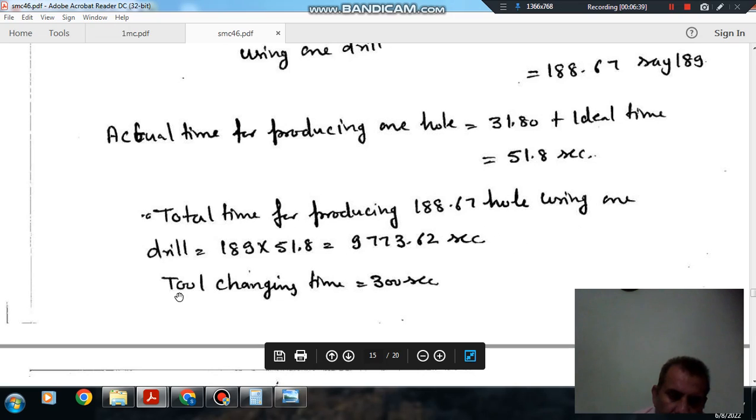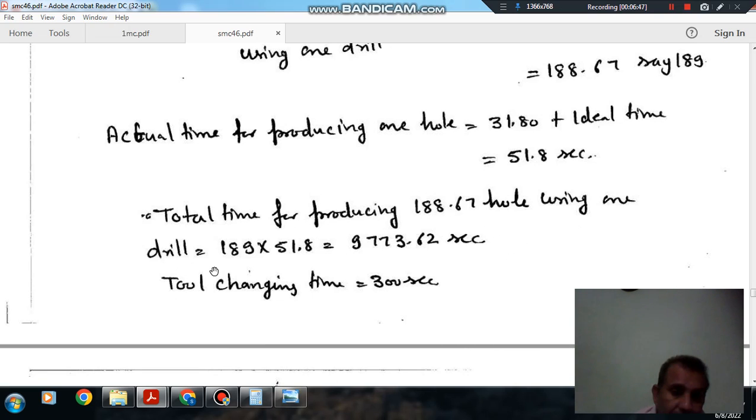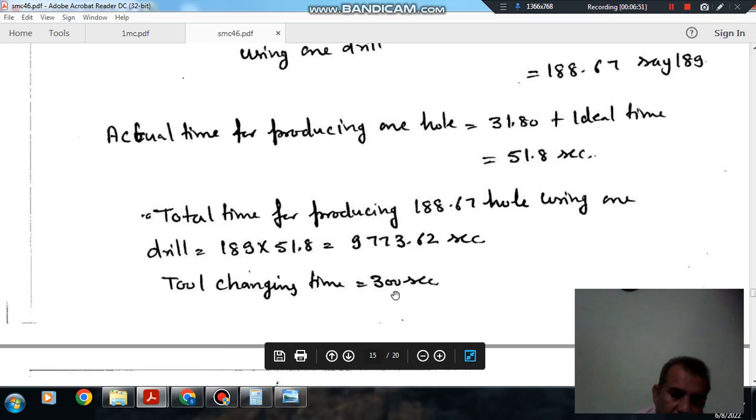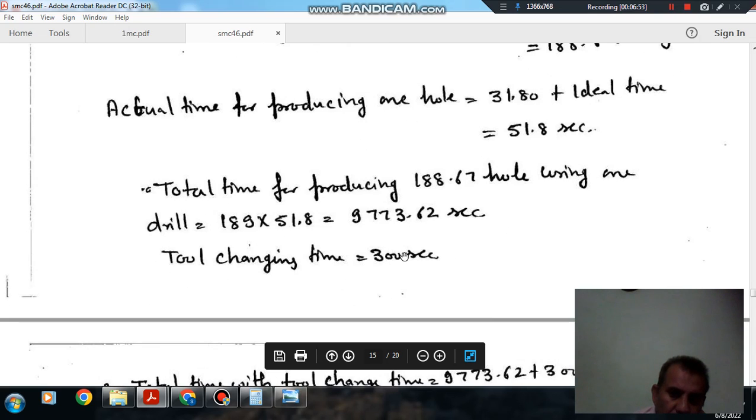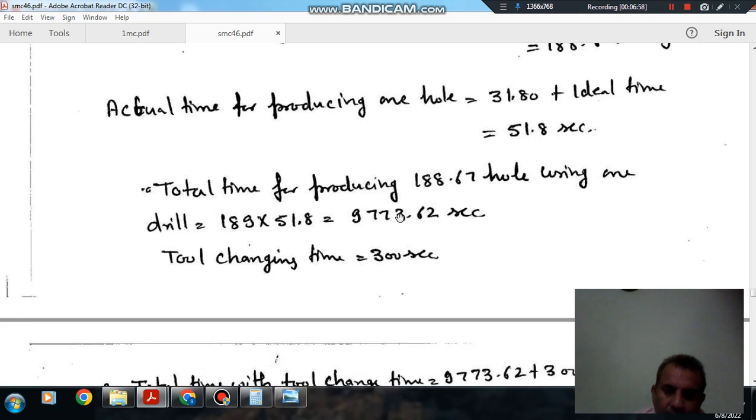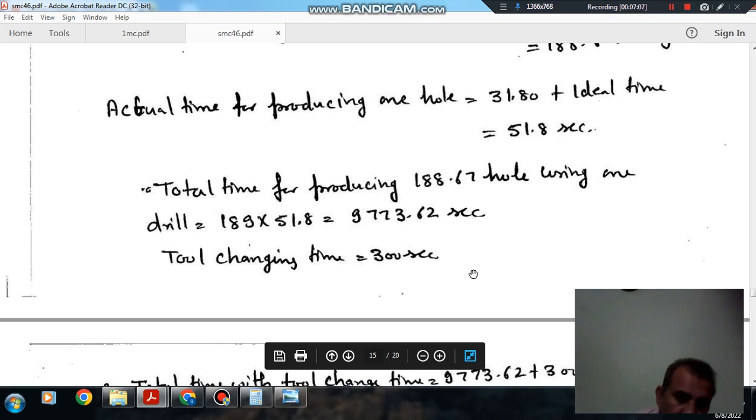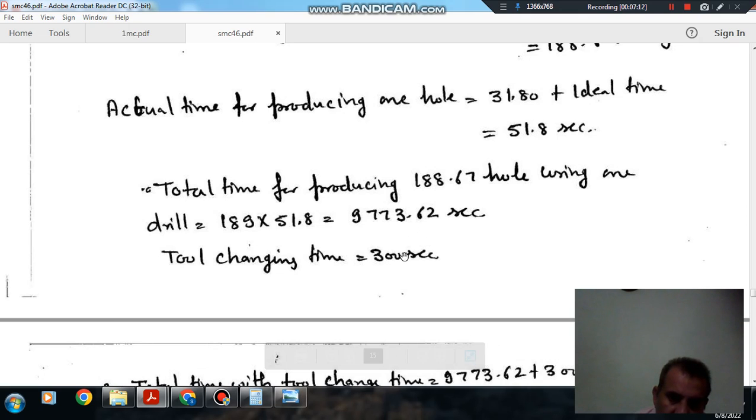When one drill fails, then there is tool change, and the tool changing time is given as 300 seconds. So the total time for producing by using one drill will be the actual hole producing operation plus the tool changing time, because one drill involves that tool changing time also.